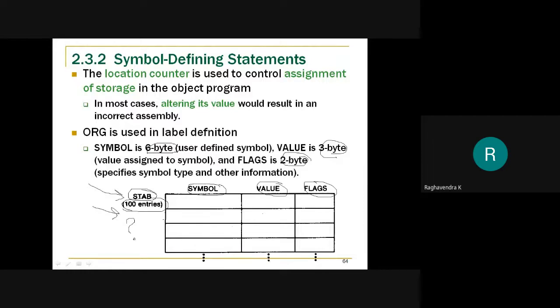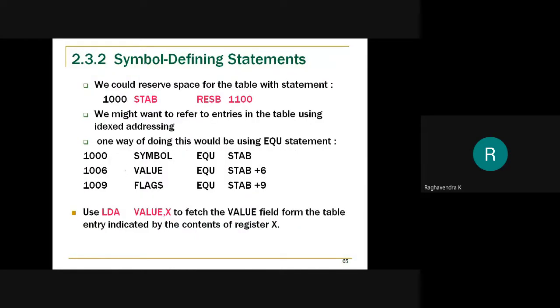Now there are two ways. The first way is that I can use the equate assembler directive and define that particular table. How? The first statement would look something like this. So at address 1000, S tab, reserve byte, 1100. Okay, 100 for the entries, and the remaining extra is for the header.